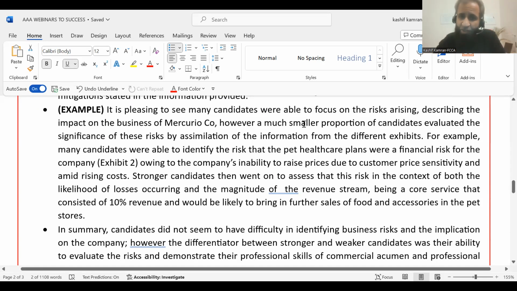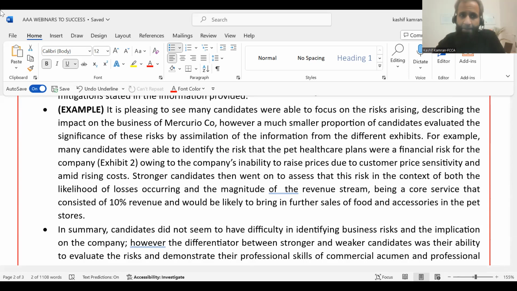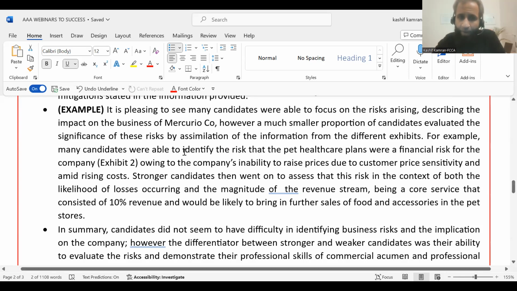However, a much smaller proportion of candidates evaluated the significance of these risks by an assimilation of the information from different exhibits. For example, many candidates were able to identify the risk that the pet healthcare plan was a financial risk for the company, given in exhibit number 2, owing to the company's inability to raise prices due to customer price sensitivity and rising costs.